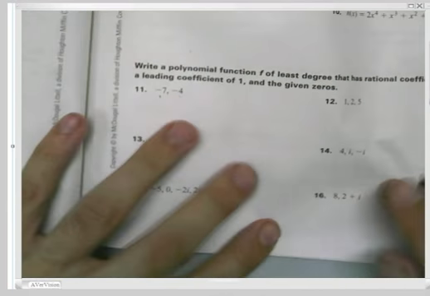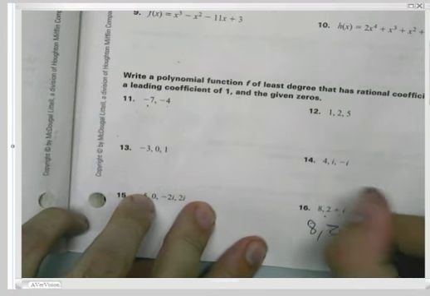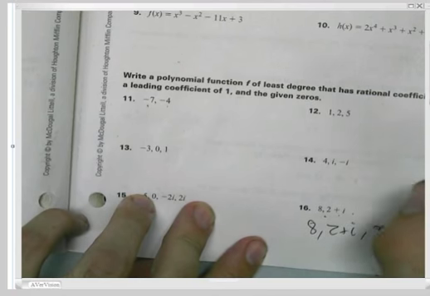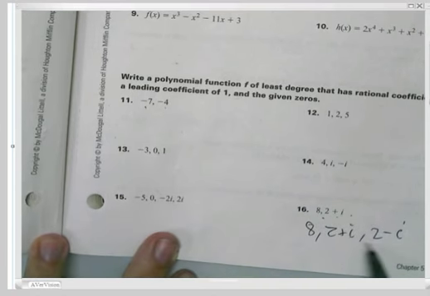Sorry for that. But also, let's look at another problem. Like this problem, we know that this is 2 plus i. So we know we're going to have 8, and we're going to have 2 plus i and 2 minus i as well. That's the only one actually.